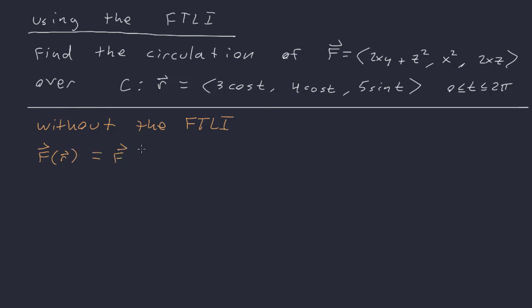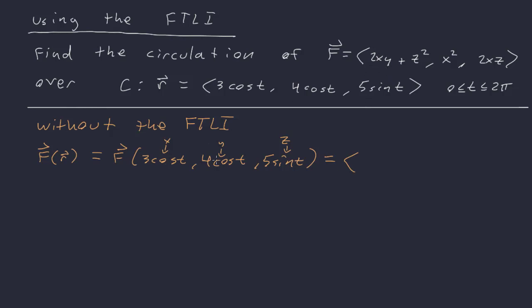Well, f of r is going to be f of 3 cosine t, 4 cosine t, and 5 sine t. So we're going to make x 3 cosine t, y 4 cosine t, and z 5 sine t.